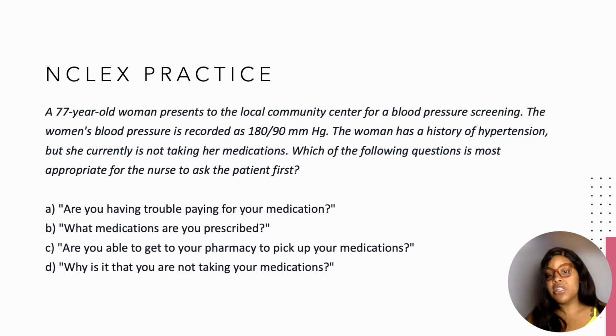They may be on multiple medications, but you just don't want to assume, because option A says, are you having trouble paying for your medications? Don't assume. What medications are you prescribed? Well, we can ask that next. Are you able to get to the pharmacy to pick up? We want to ask the patient straight up, why are you not taking your medication?